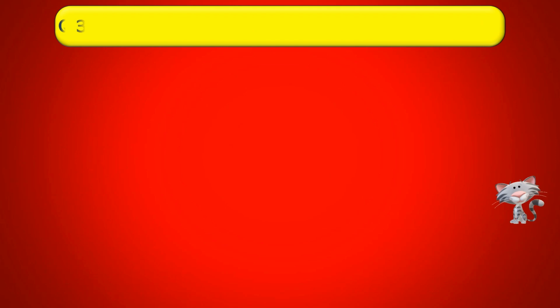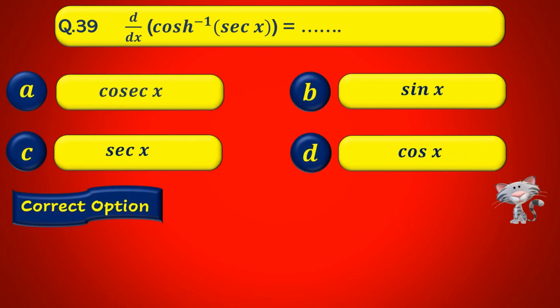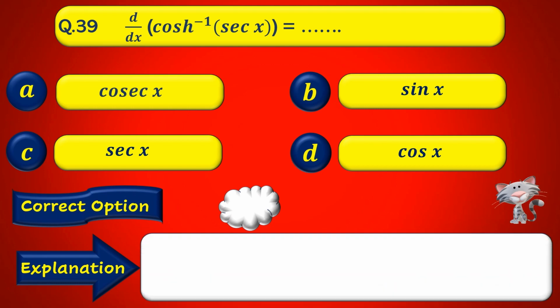Question number 39. d by dx of cosh inverse secant x is equal to, and the options are, let's check out which one is the correct option. We know that the derivative of cosh inverse x is equal to 1 over square root of x square minus 1. Therefore, the derivative of cosh inverse secant x will be equal to 1 over square root of secant square x minus 1 into the derivative of secant x.